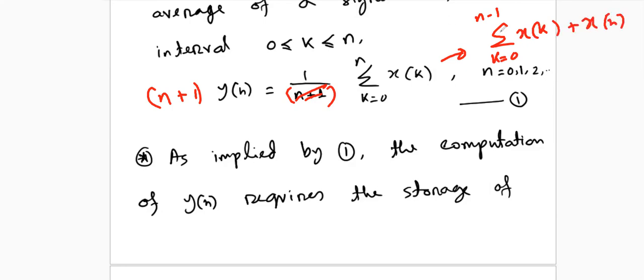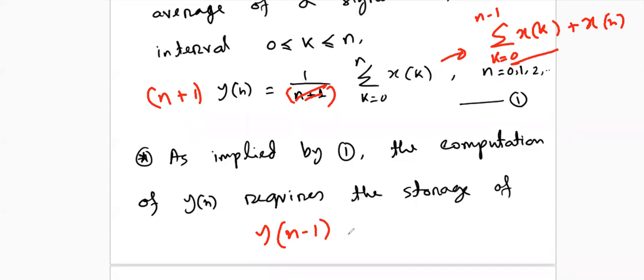N can be taken out of it. And what about this term? This term is nothing but whenever we are putting y n minus 1, n is replaced by n minus 1, then everyone is replaced by that one.